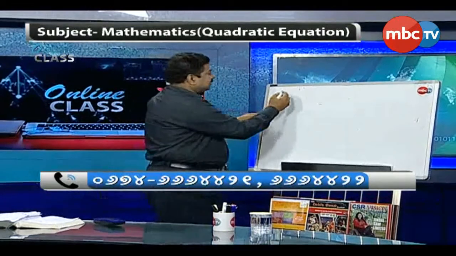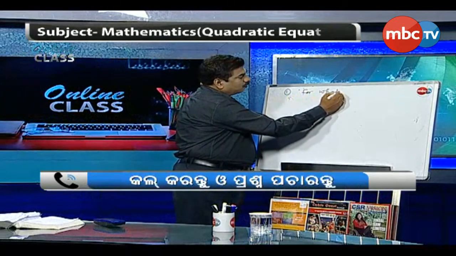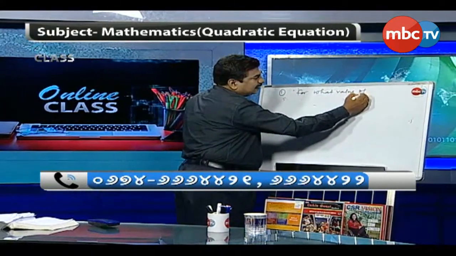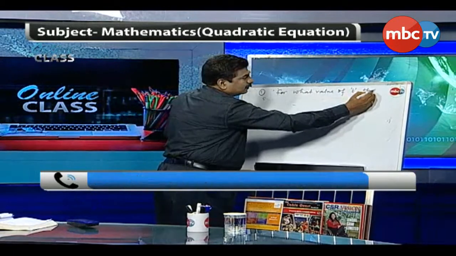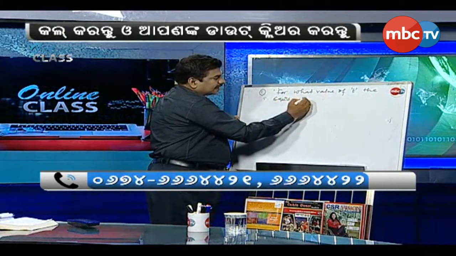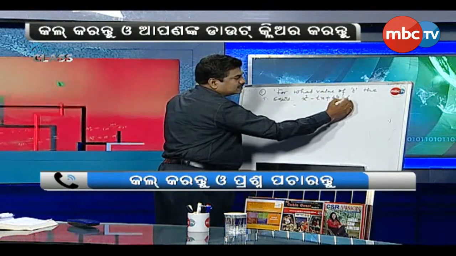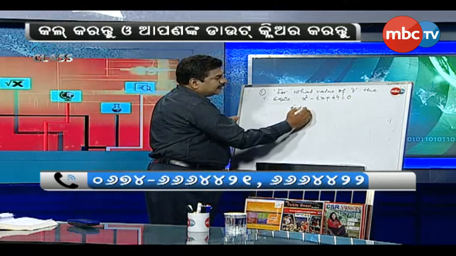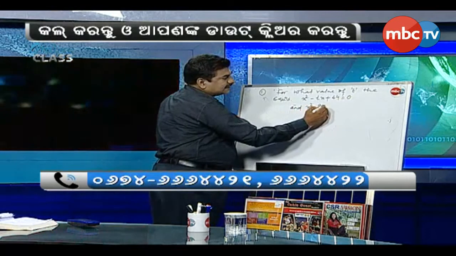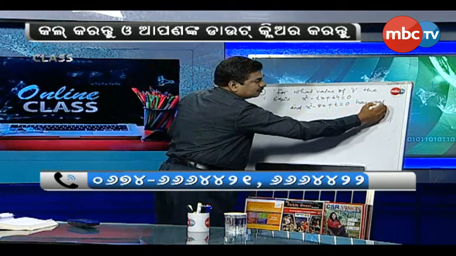Right, that question: for what value of t do the equations x square minus tx plus 64 equal to 0 and x square minus 8x plus t equal to 0 have real roots?